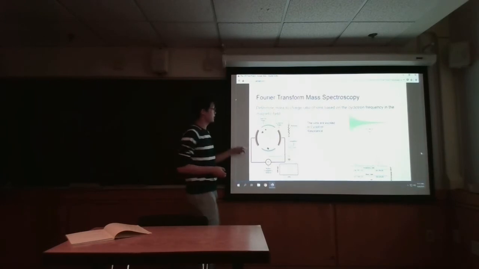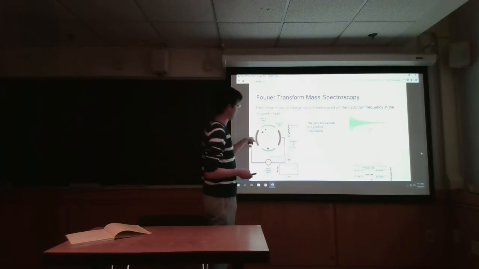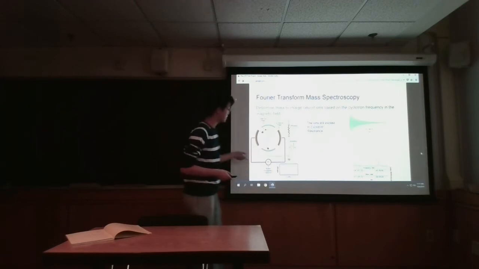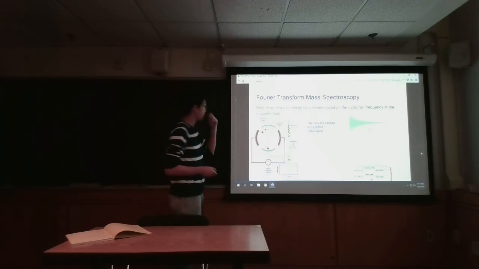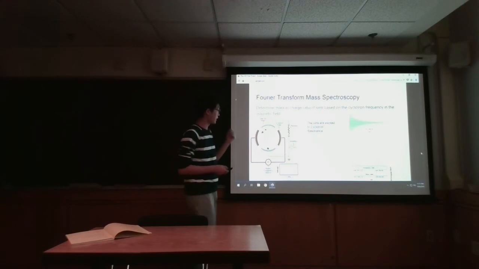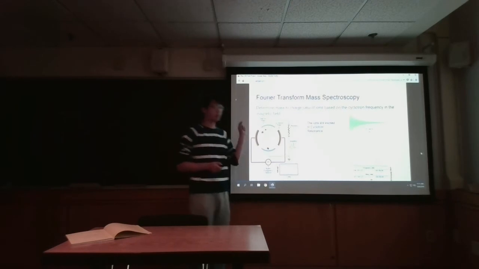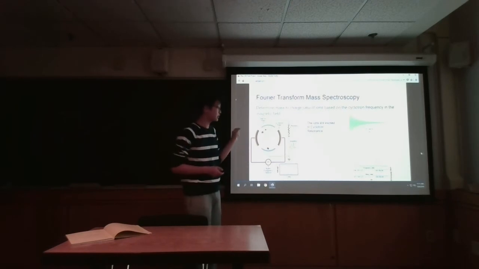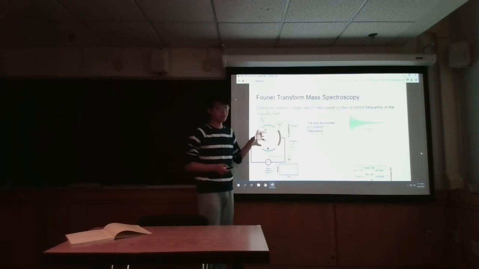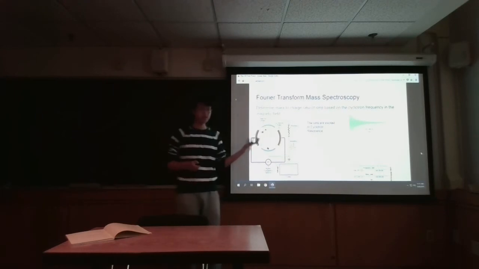This is a picture of an example of a cyclotron resonance machine. What it actually does is put some molecules here, and then by the features of the electrons, the electrons can be excited and oscillate in a way.